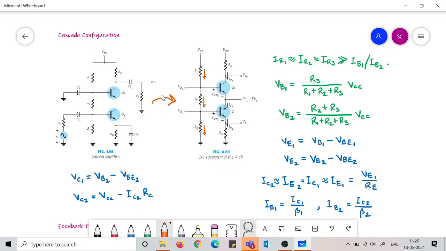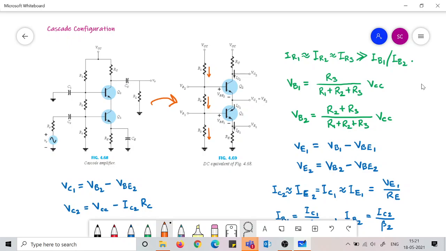IB1 and IB2 are very small, so you can employ the approximation that IR1, IR2 and IR3 are all the same. When we employ this approximation, this part becomes a voltage divider. Then we can figure out VB2 and VB1 very easily, and that is what we have done here. VB1 and VB2 we have found by using the voltage divider rule.